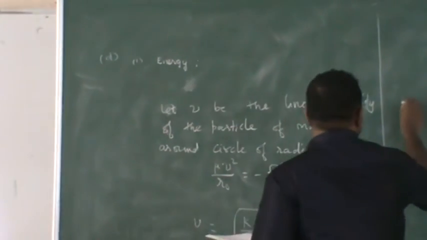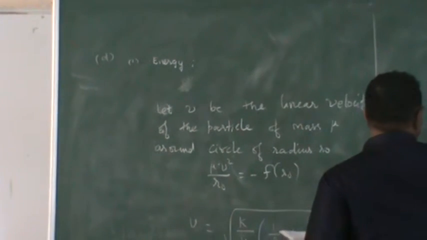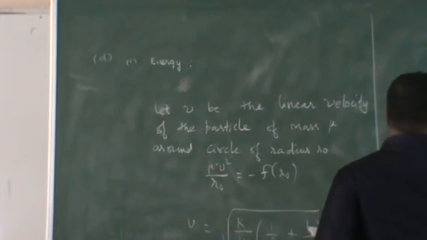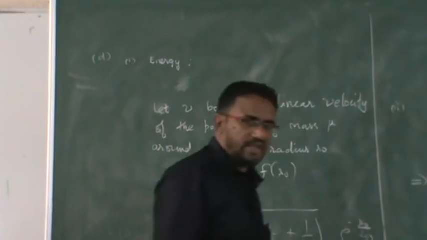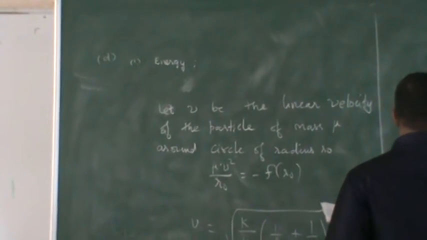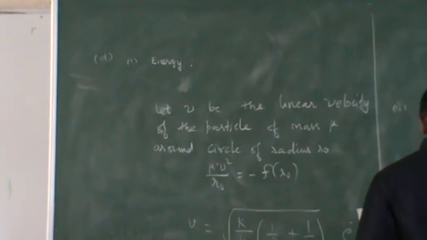The second one is the angular momentum. Angular momentum is the moment of linear momentum. Therefore, you can compute this r naught mu v vector.